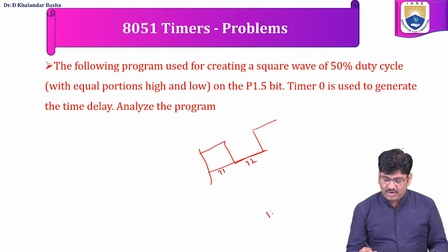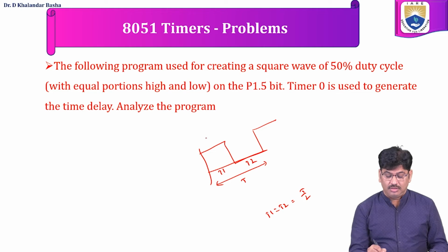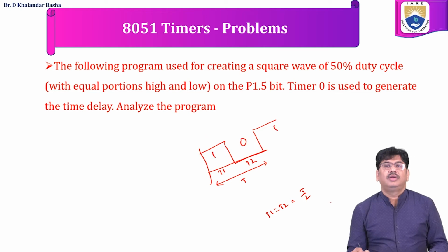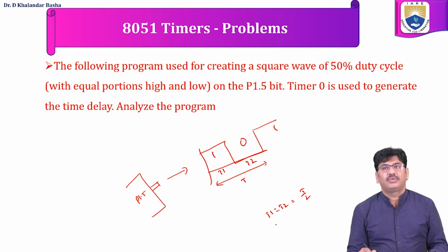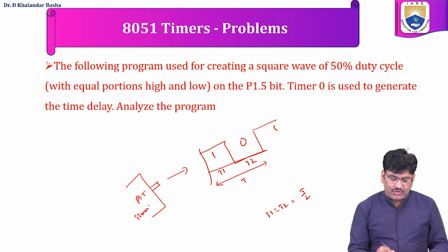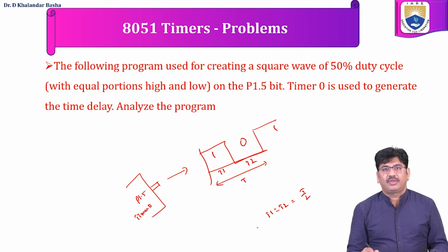That means T1 is equivalent to T2 is equivalent to half of the time period of the square wave. We are generating this on port 1.5, and timer 0 is used for the delay purpose.